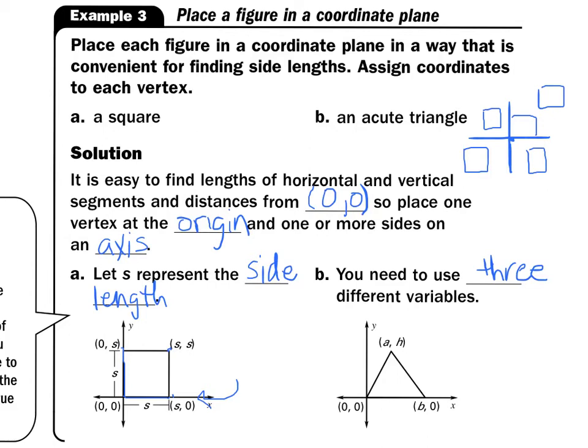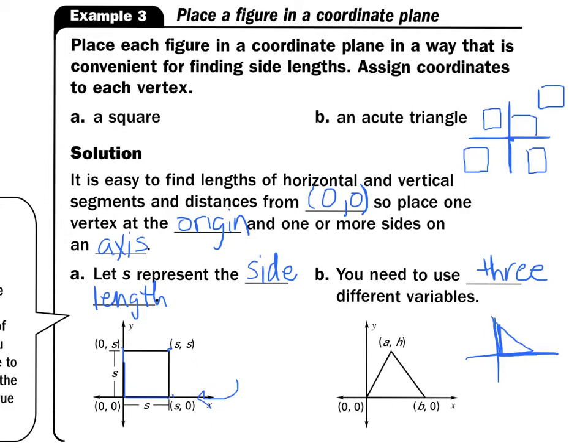Okay, on this triangle, well, we don't know that it's equilateral, it's an acute triangle. There's not a really great way to put it. If it was a right triangle, you see that it would be easy to do this with it.